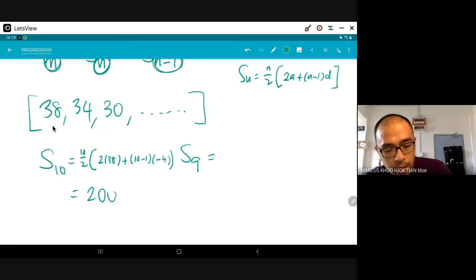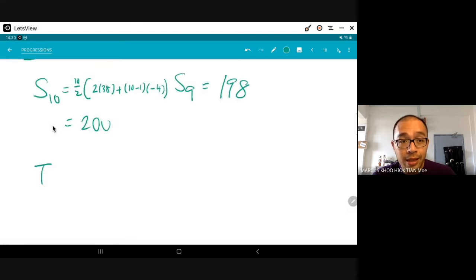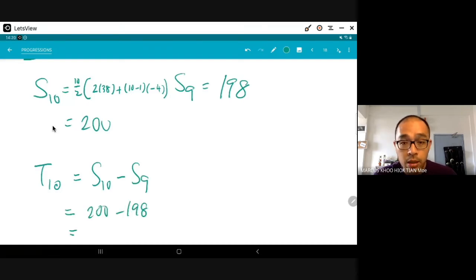198. Oh yeah, okay, fine, 198. So if I want to find T10, it will be S10 minus S9, which is 200 minus 198. Jawapannya adalah 2.